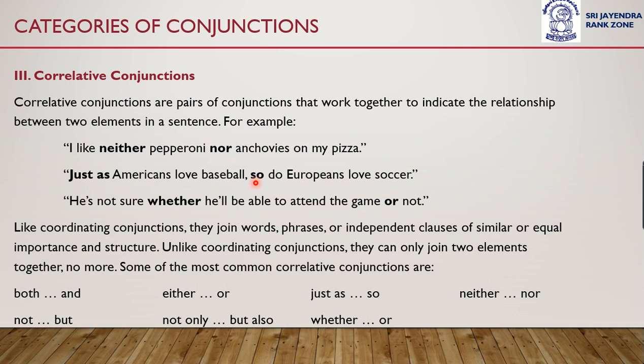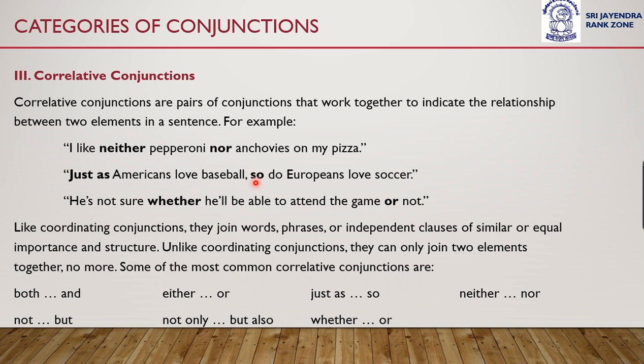This sentence says that as much as Americans love baseball, Europeans also love their soccer to a similar amount. So, "just as" and "so" are the correlative conjunctions that work together to indicate the relationship between the two sports and two countries.